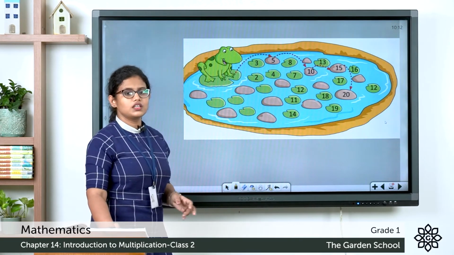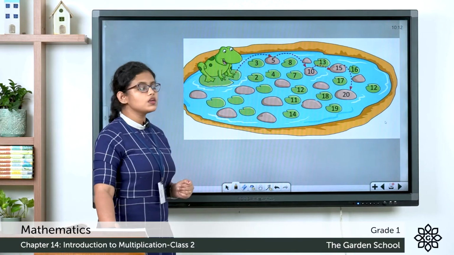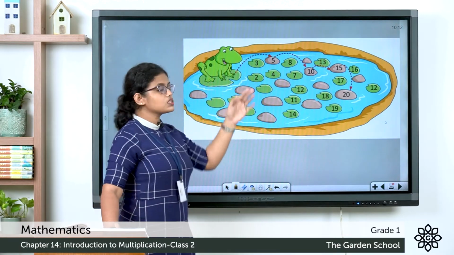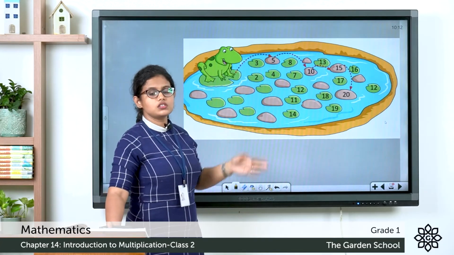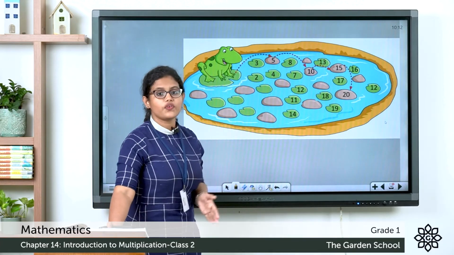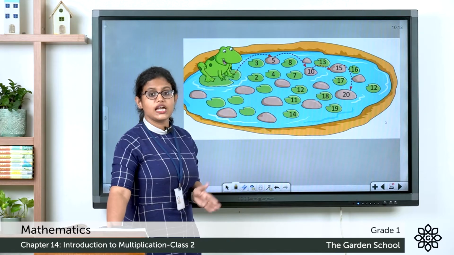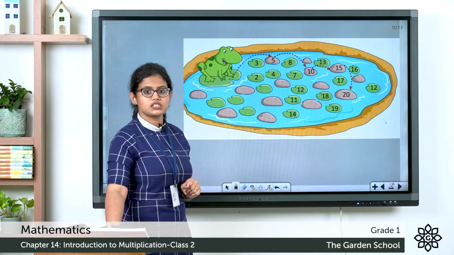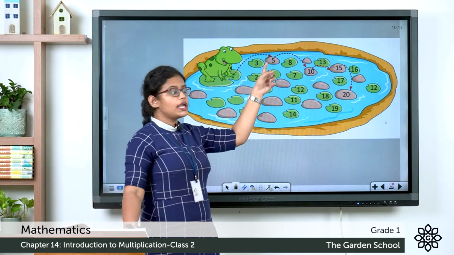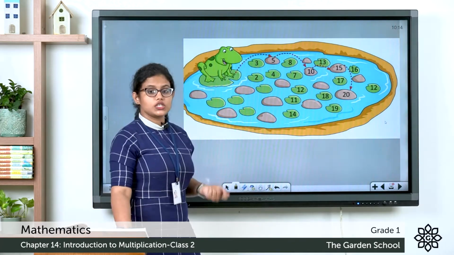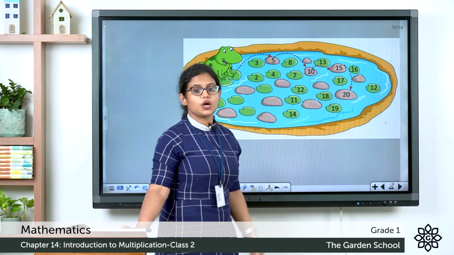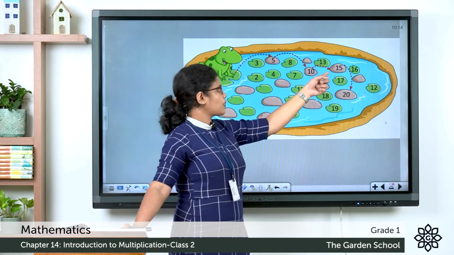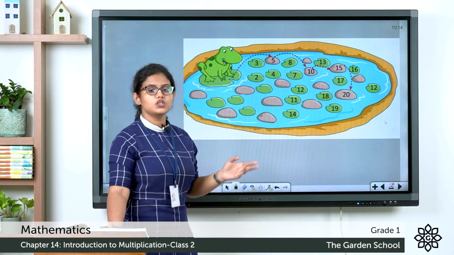Again, here you can see a frog and the frog is going to jump. First it is jumping to number 5, so here it is skipping 5 numbers. From number 5, it is jumping to 10, skipping 5 numbers. From 10, it is jumping to 15. From 15, it is jumping to 20.